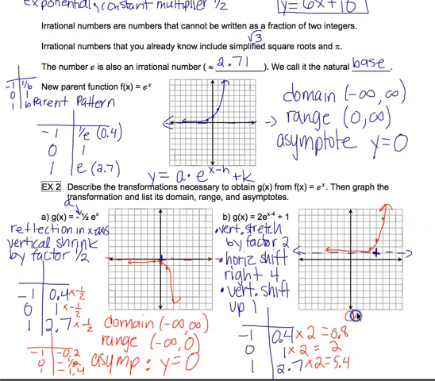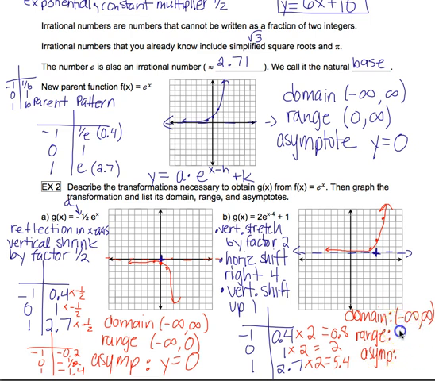And then to finish it off, I've got my domain, range, and asymptotes to list. So domain, same as on your exponentials as always, -infinity to infinity.